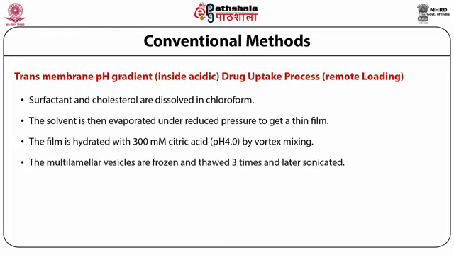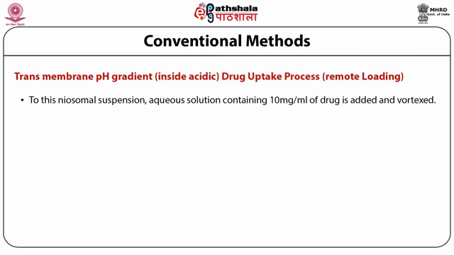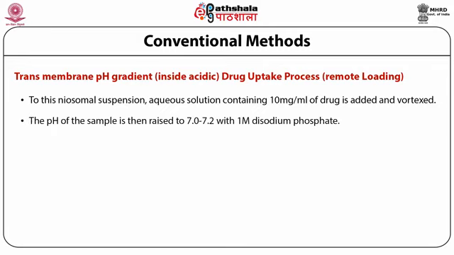The multilamellar vesicles formed are then frozen and thawed 3-4 times and finally subjected to sonication. The niosome suspension is obtained after adding the aqueous solution containing 10 mg per ml of drug. The pH of the sample is then raised to 7 to 7.2 with 1 molar disodium phosphate. The mixture is then heated at 60 degrees centigrade.